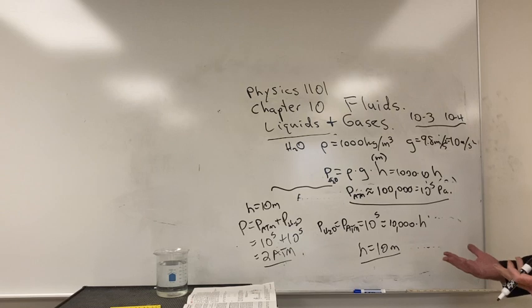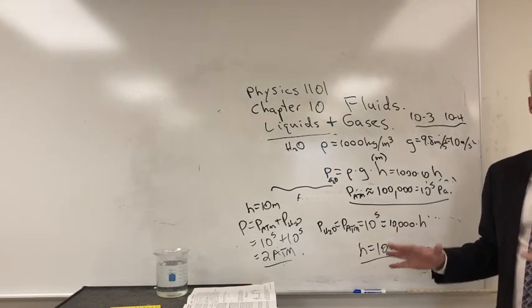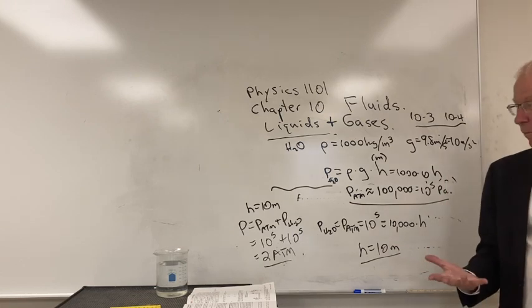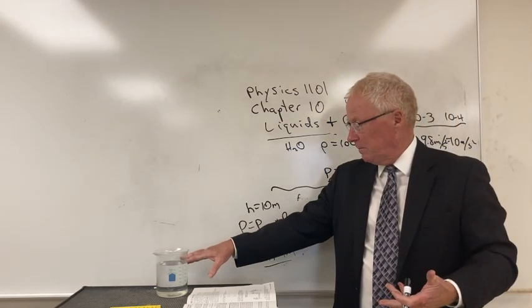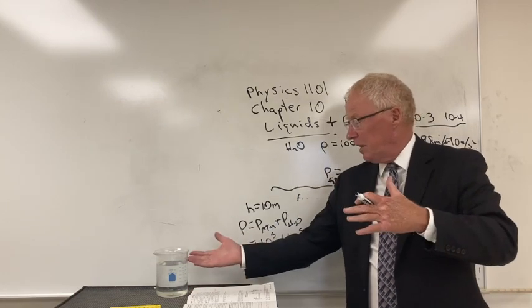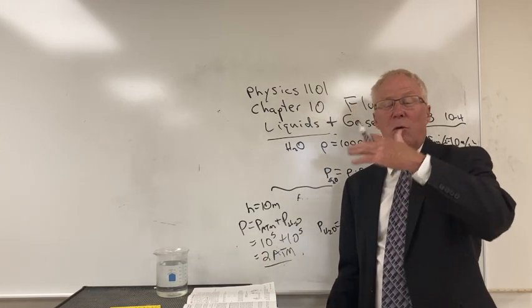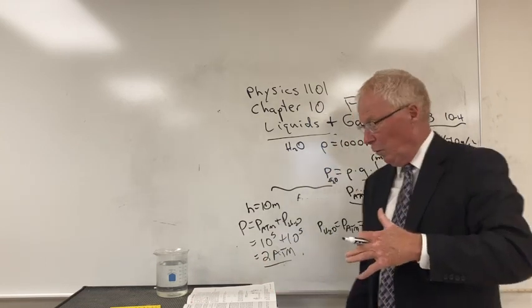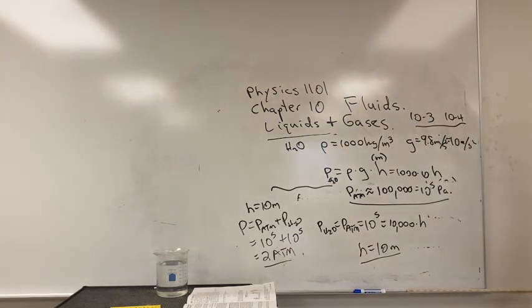So every 10 meters you go down, you add 1 atmosphere of pressure. Starting from the surface, we have 1 atmosphere. We go down 10 meters, it'd be 1 plus 1. You go down another 10 meters, it'd be 1 plus 2, 1 plus 3, and so on. So that's how pressure works.